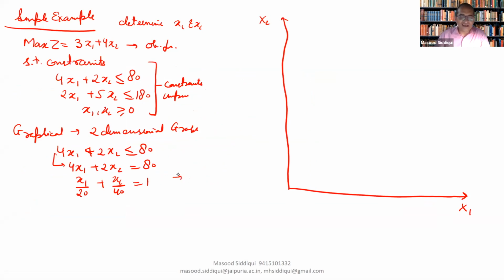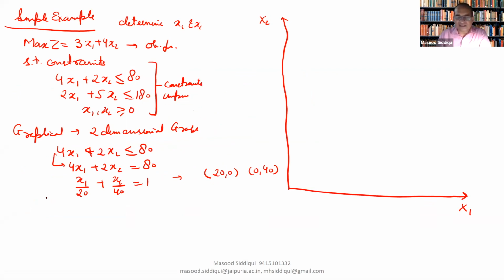So we have the points 20, 0 and 0, 40. By this, a line can be drawn. This is the first case.